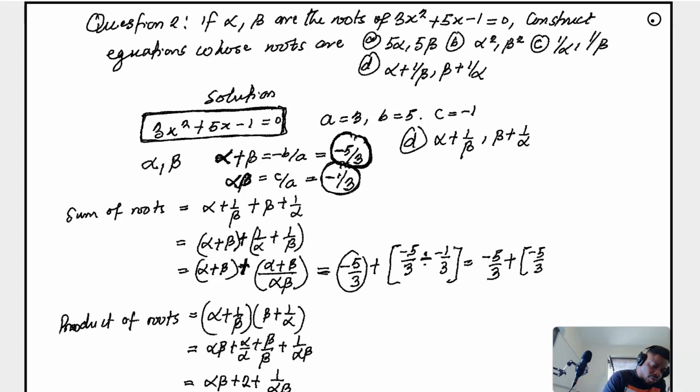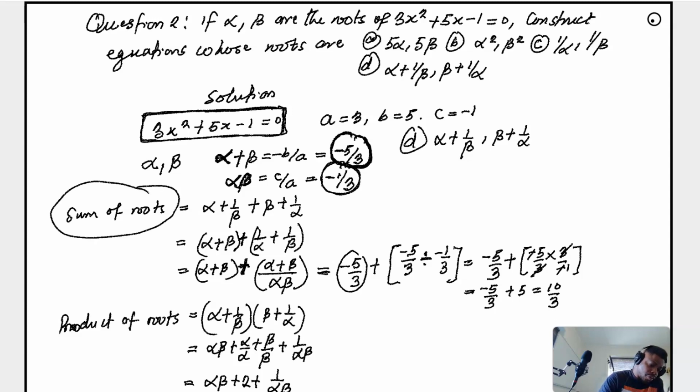If I change this division to multiplication, that is 3 over minus 1, right? So 3 cancels 3, minus cancels minus. So here I have minus 5 over 3 plus 5. I will quickly press the calculator. Minus 5 over 3 plus 5 is 10 over 3. I've gotten 10 over 3 for the sum of roots.